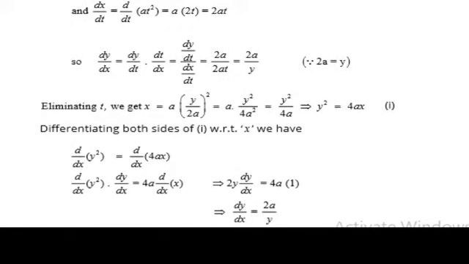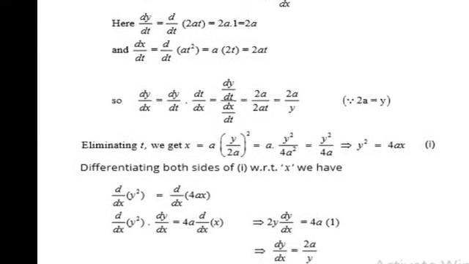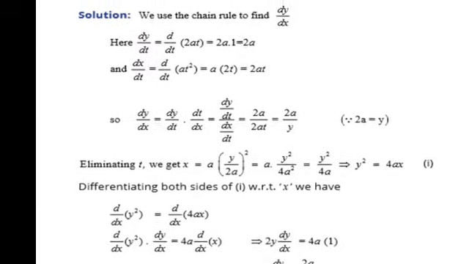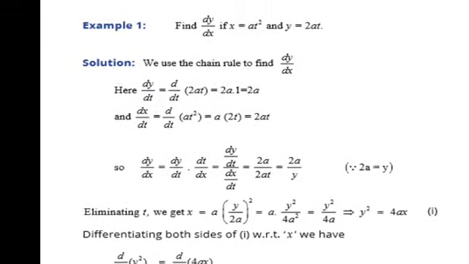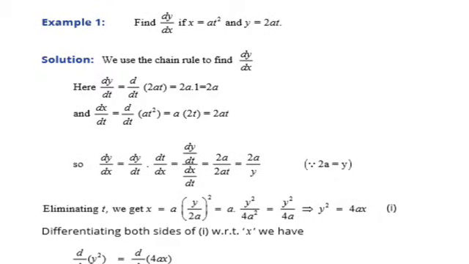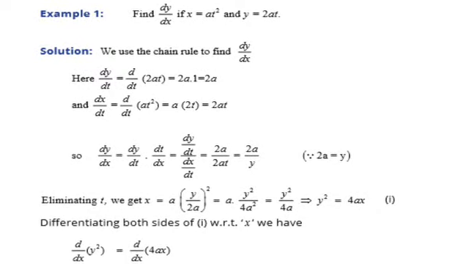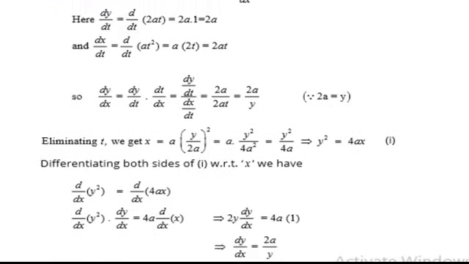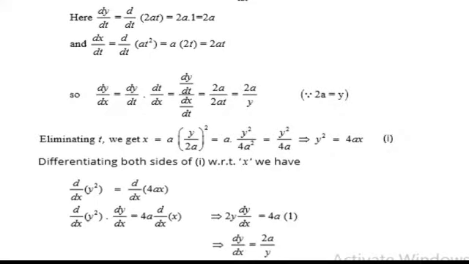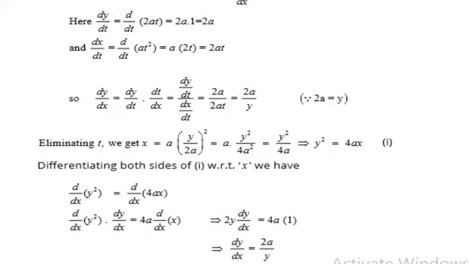Again we have the same answer. These are the two methods to find the derivative of parametric equations. First is to differentiate both equations with the same variable and then apply the chain rule, and in the second we eliminate the variable t and then differentiate.